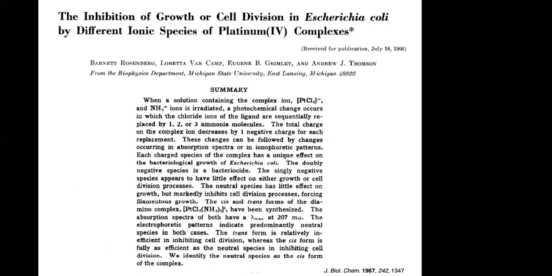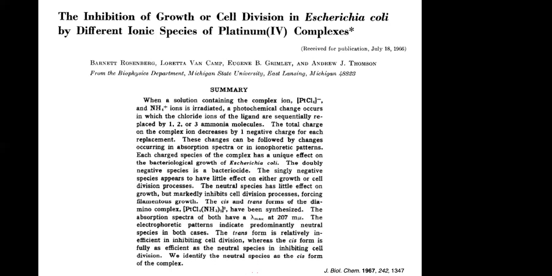But they were irradiating solutions containing platinum complexes, including platinum(IV) hexachloride 2-, and then ammonia substituted versions of that. And following what happened to the growth of E. coli under such conditions.